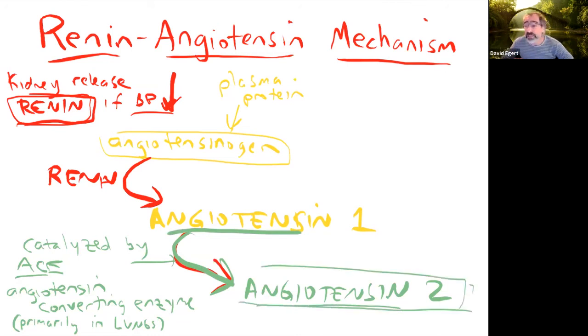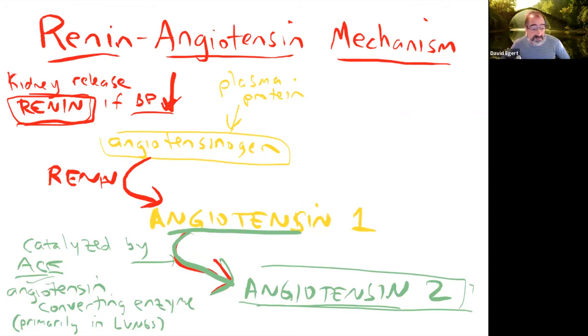If you've been reading anything about what's been going on in the world for the last year, ACE probably sounds familiar, not because of blood pressure, but because of COVID. This is where the coronavirus spike proteins recognize one of the versions of this angiotensin converting enzyme to grab on and enter the cells.